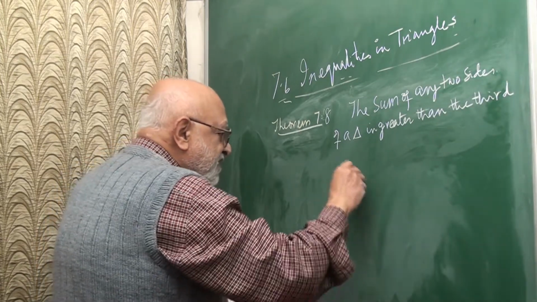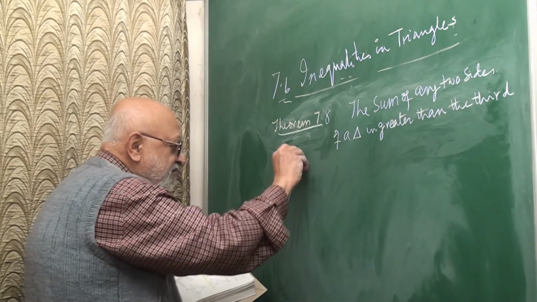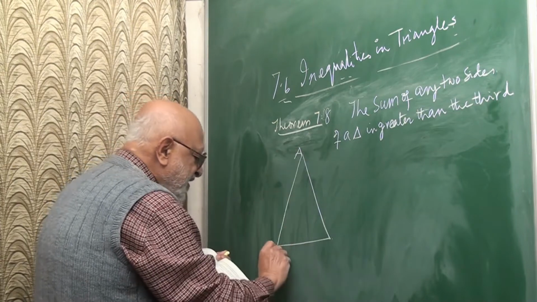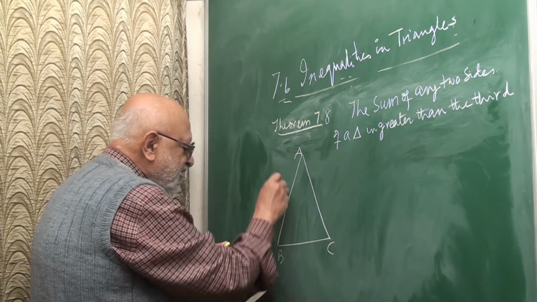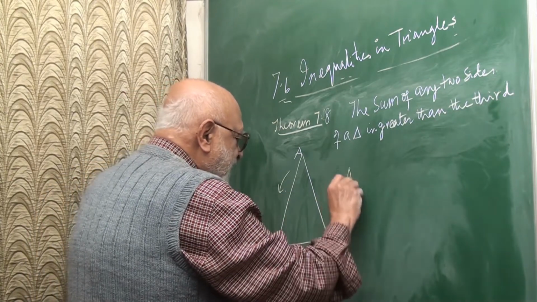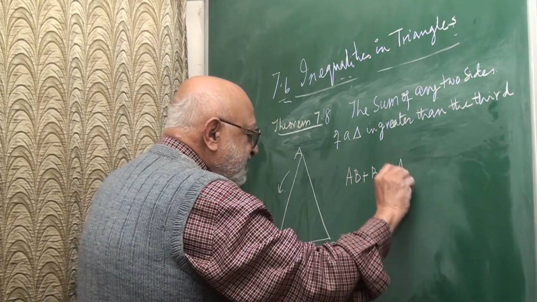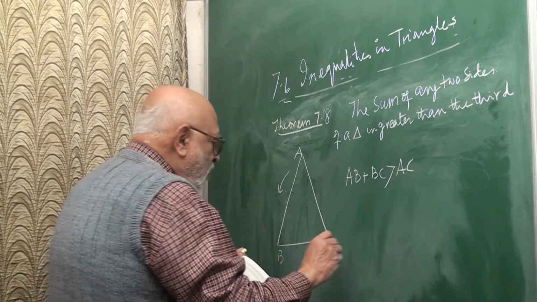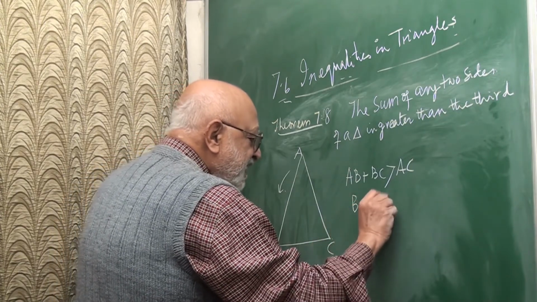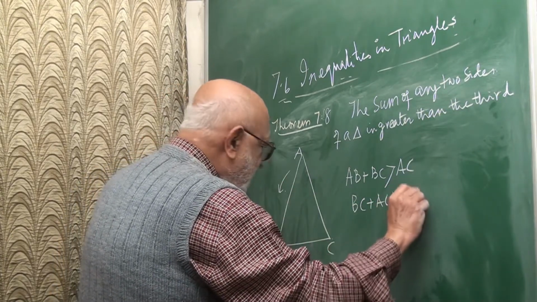What is it trying to say? Let me start from this side a little bit. You have a triangle here. This triangle is ABC. So AB plus BC is greater than AC. Or BC plus AC is greater than AB.